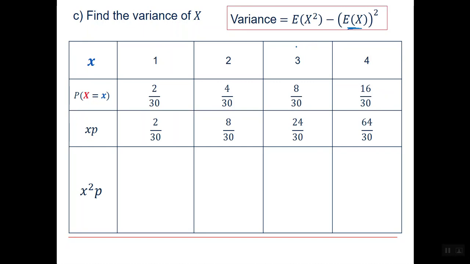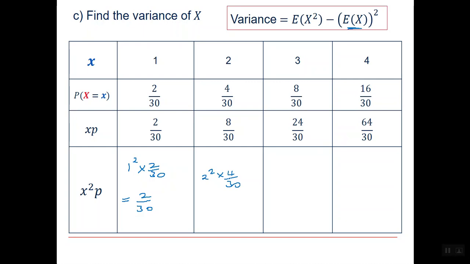So again, we're going to add another row, and this row is x squared multiplied by the probability. In the first one it would be 1 squared multiplied by 2 over 30, which is just 2 over 30. And then we would have 2 squared multiplied by 4 over 30.